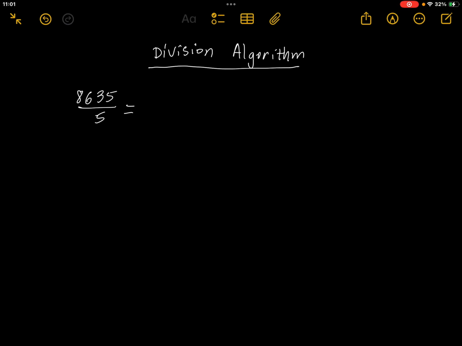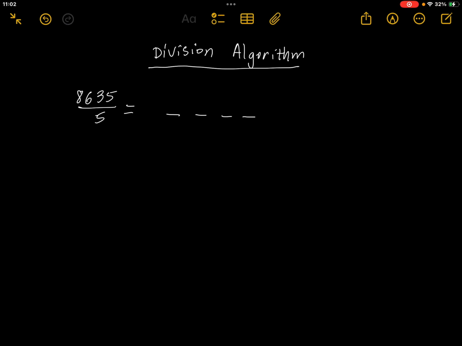So 5 times 1,000 is 5,000, but 5 times 10,000 is 50,000, and 8,635 is between 5,000 and 50,000. So my number is going to have 4 digits. And I'm trying to figure out what those digits are.